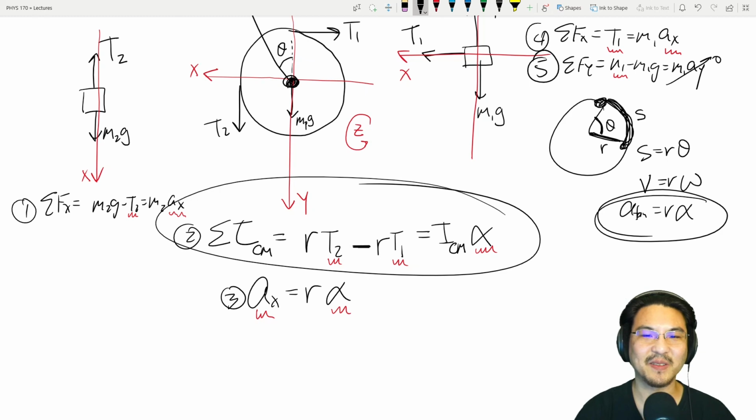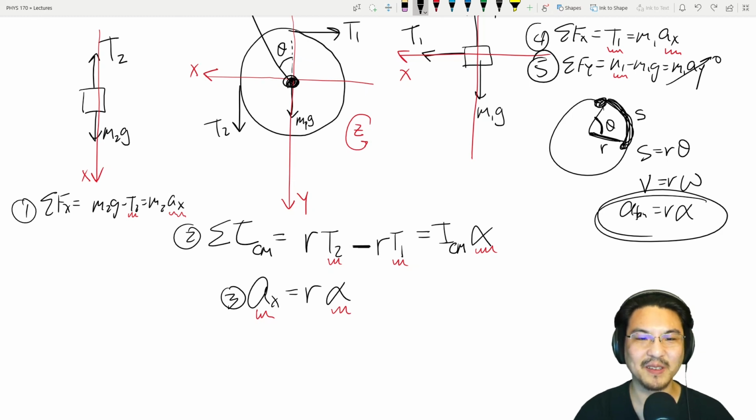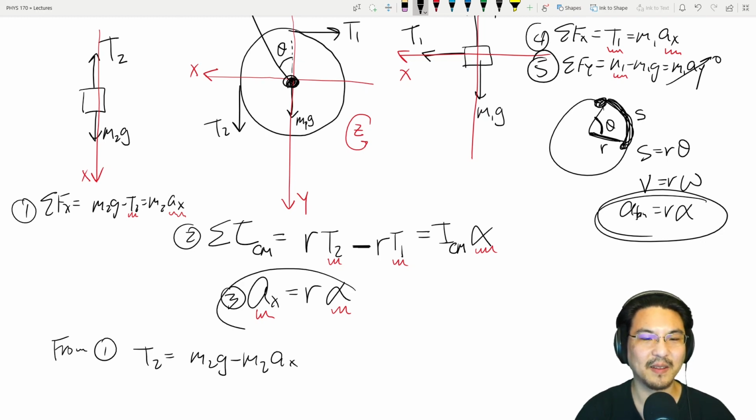So because this equation 2 has the most unknowns, I want to substitute things into it since it has the most. Okay, so let's solve this for T2. So from equation 1, T2 equals m2g minus m2ax. And look right here, ax equals r alpha. So I'm just going to write r alpha.